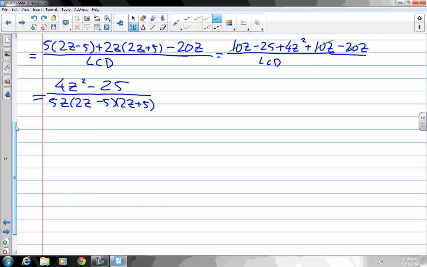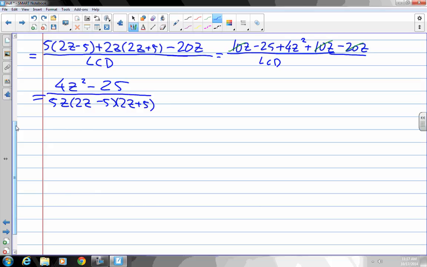Right, that's my denominator. Can I reduce that? Yeah, the 2z minus 5, 2z plus 5 is the same as 4z squared minus 25, right?